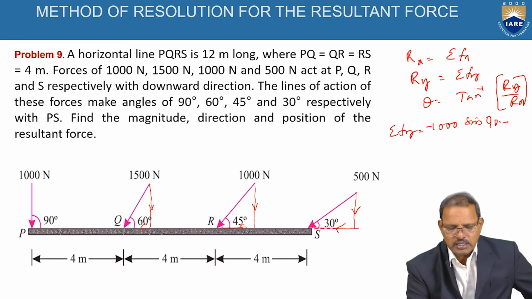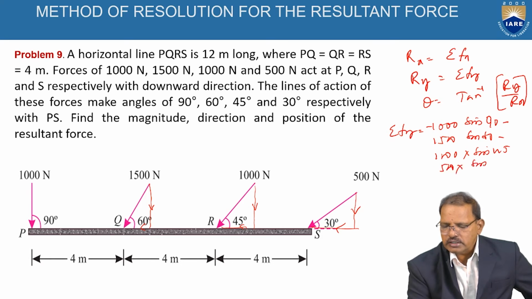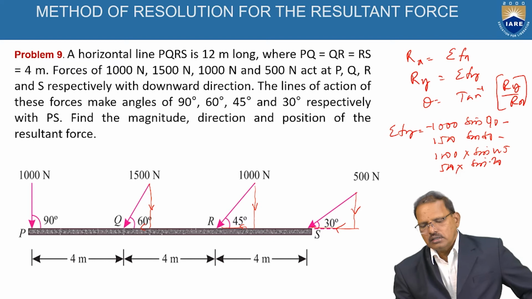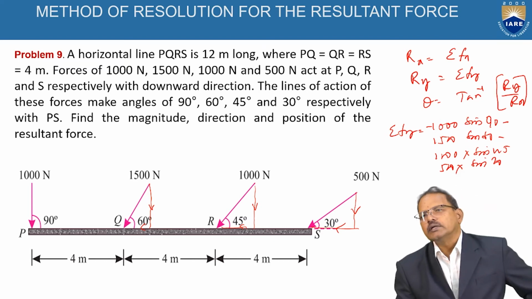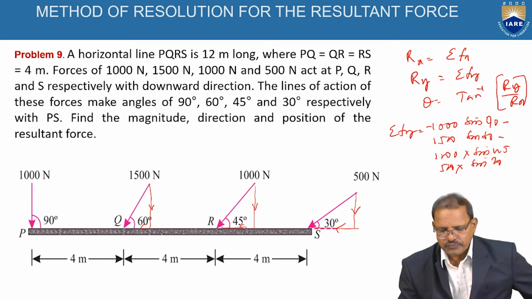Again minus 1500 sin 60, again minus 1000 into sin 45, again minus 500 into sin 30 degrees. All are acting in downward directions, hence they are treated as negative values.